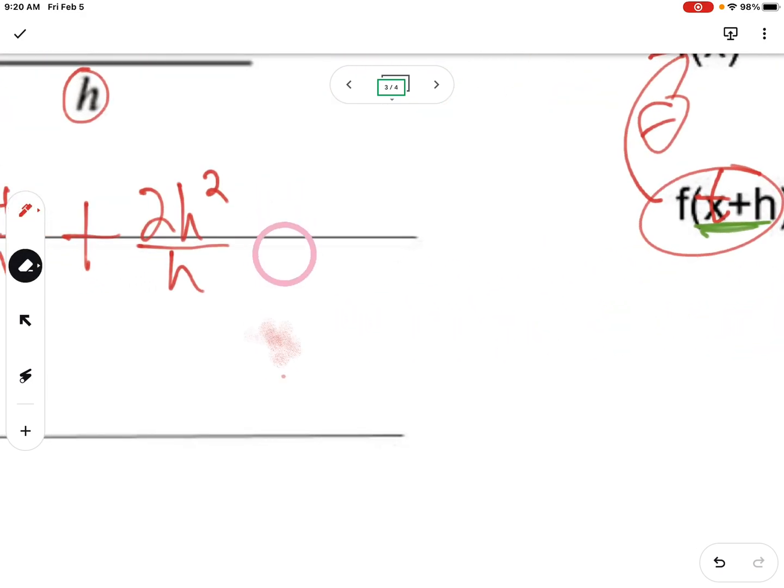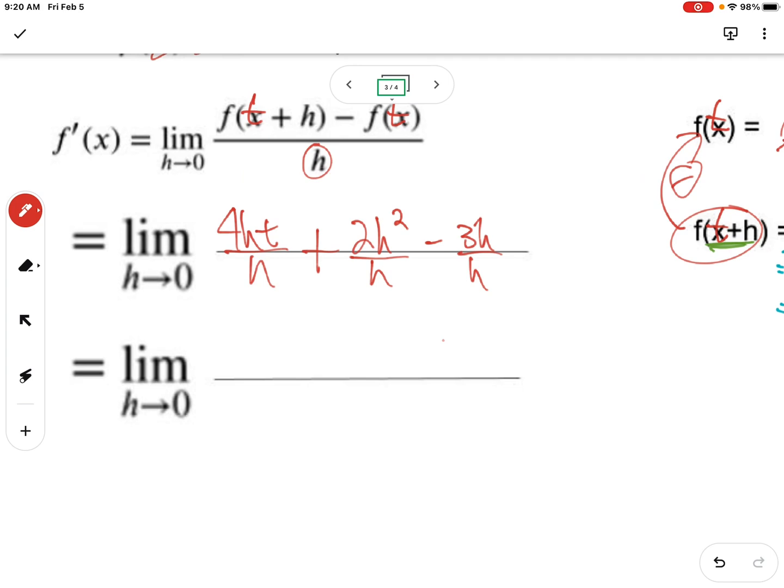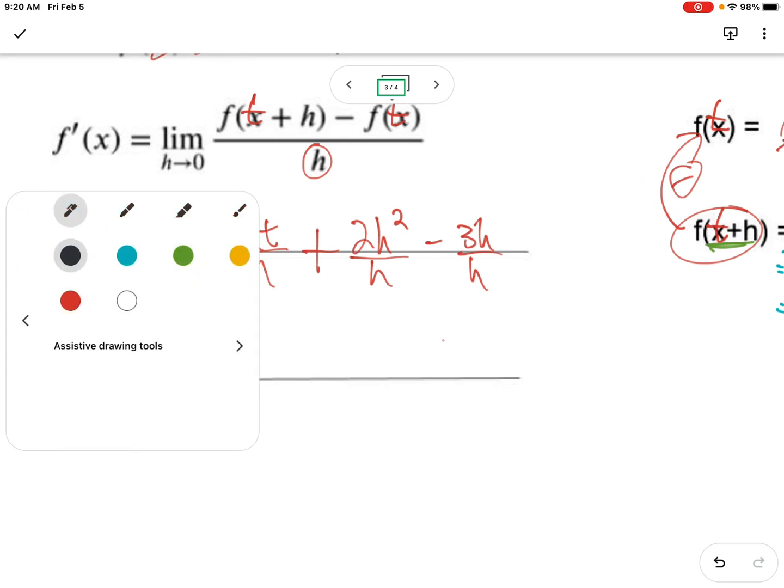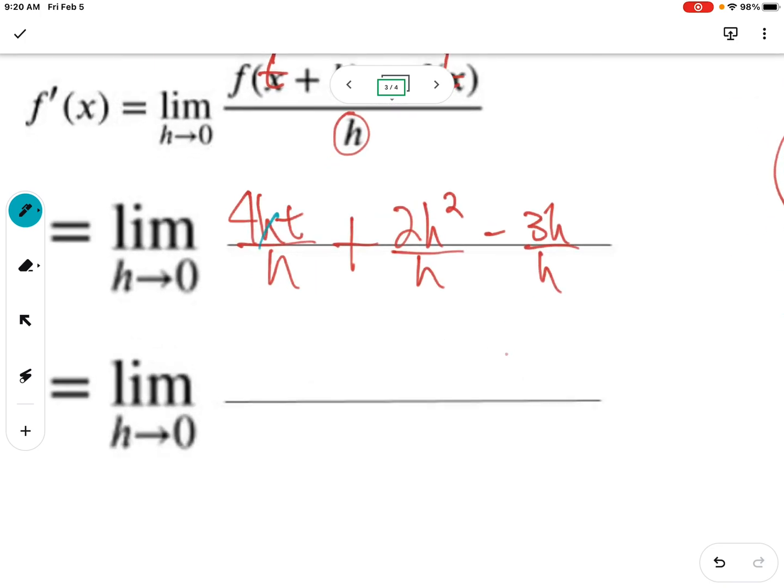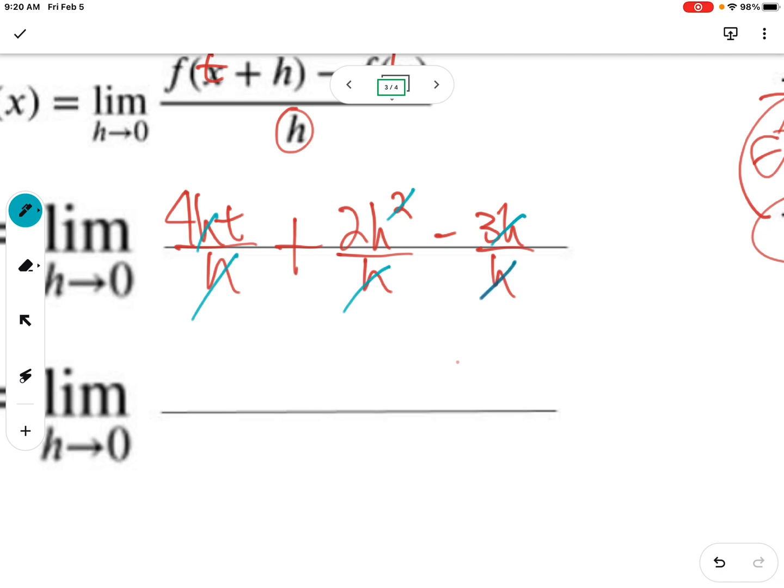Well, I don't think I need that plus sign there. Minus 3h divided by h. Okay, so now what I can do is simplify. So the h's divide out there, h goes into h squared h times, and that goes out.